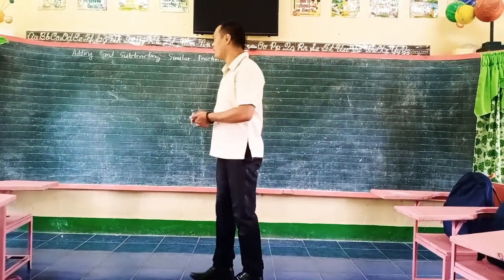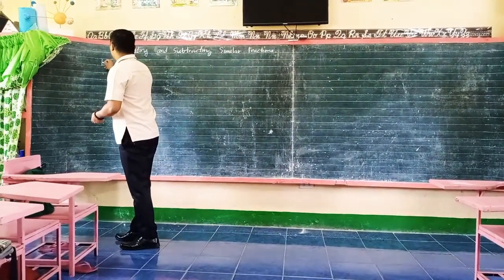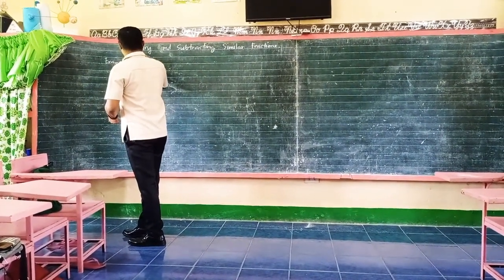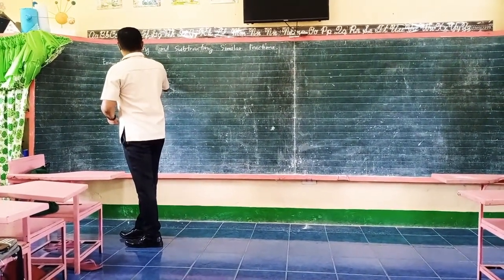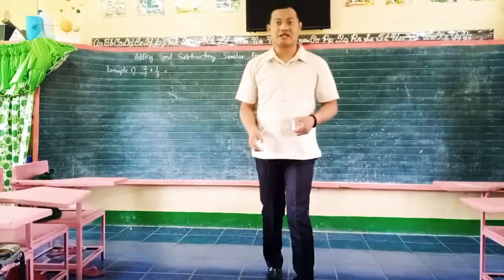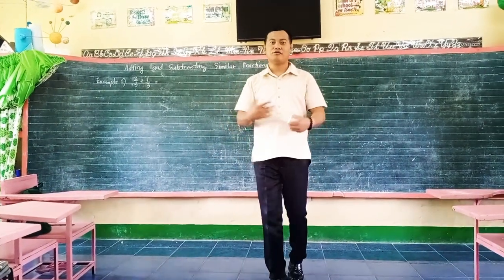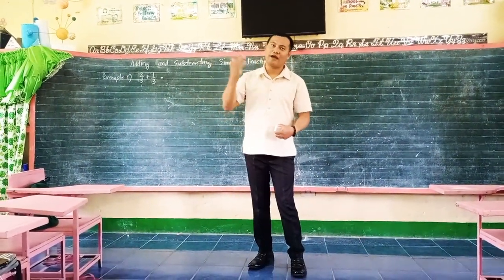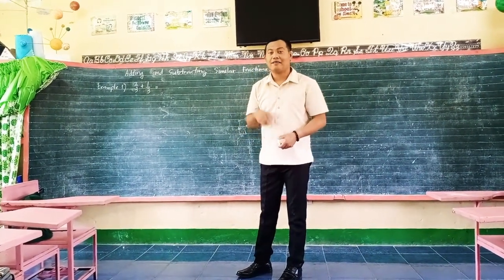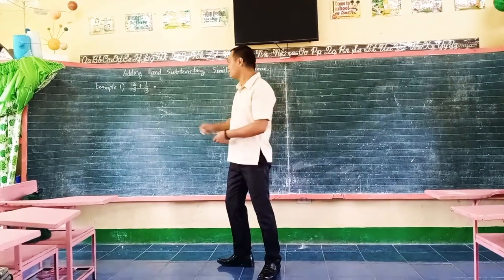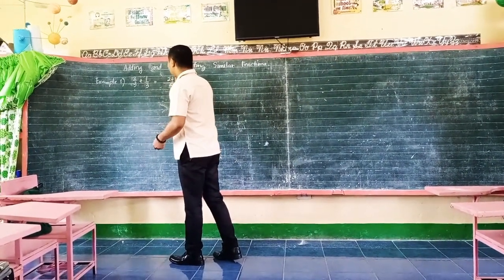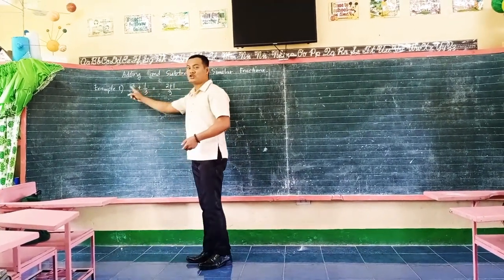For instance, we want to add 2/3 and 1/3. Going back to the rule, in adding similar fractions, we add the numerators together and then copy the denominators. So for our numerators, we have 2 plus 1, and then copy the common denominator, which is 3.